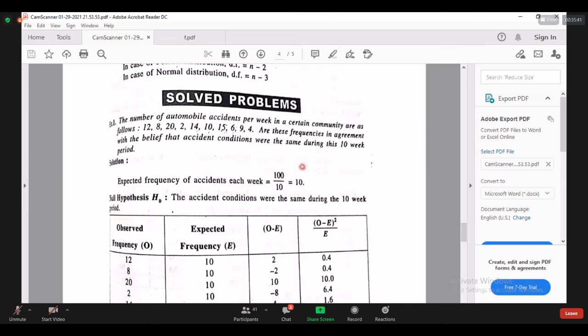In the first week, the number of accidents is 12. In the second week, 8. In the third week, 20. Fourth week, 2. Like this, they have given 10 weeks of data: how many accidents happened in the first week, in the second week, and so on.